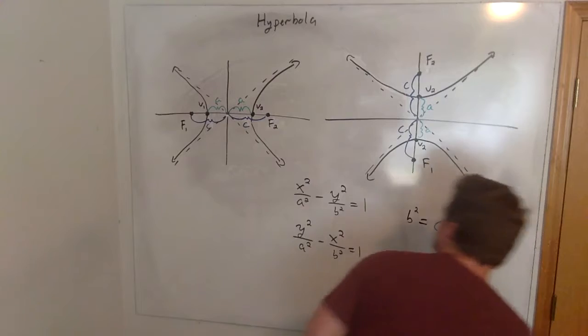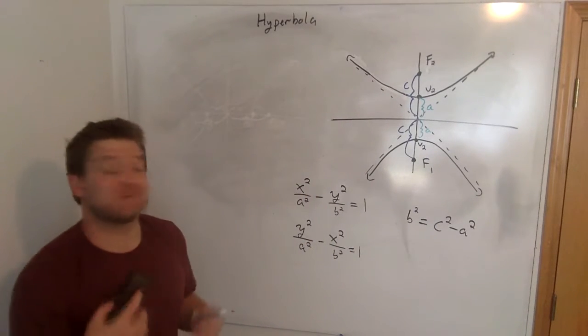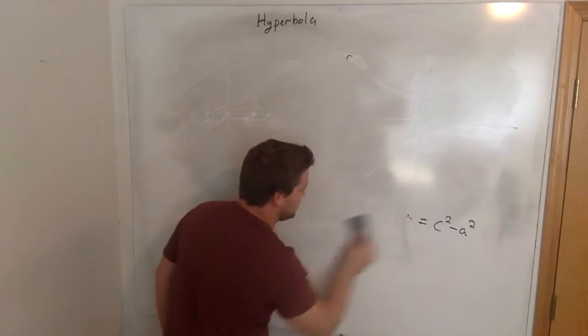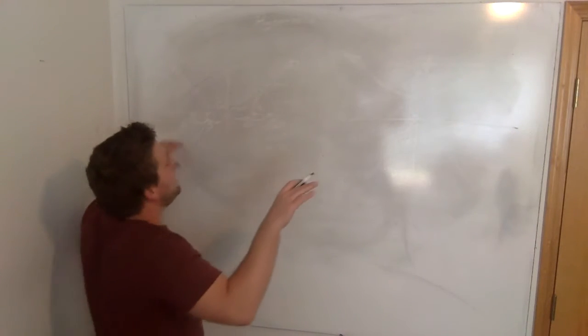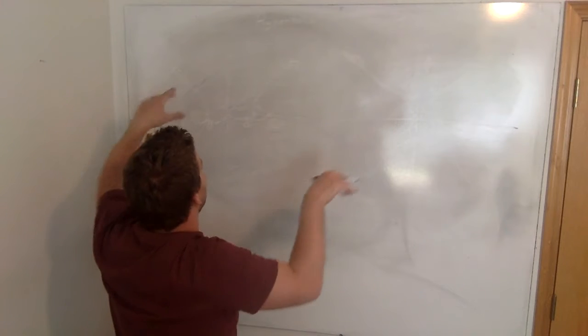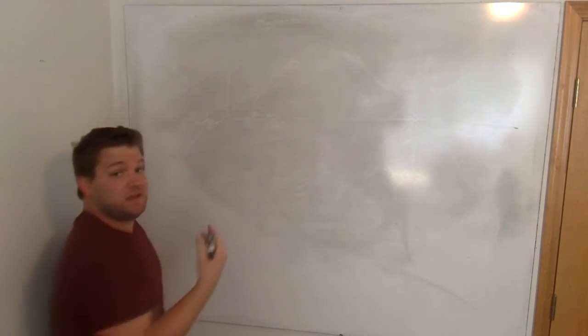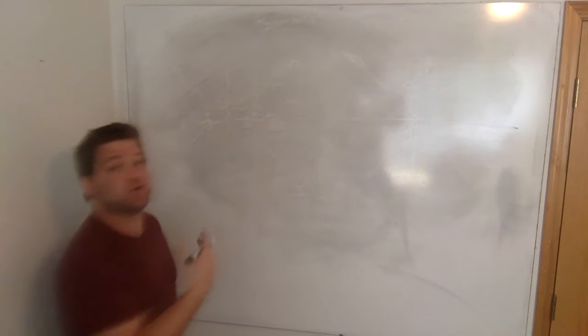Okay, I'm going to go ahead and erase a little bit of this here. Let's first answer the orientation question. If we're presented with an equation of a hyperbola, how do we know if it opens outward, left and right, or up and down? That's what the location of the A is going to tell us.